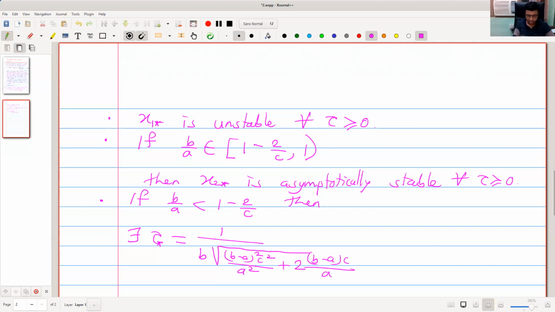Okay, so this is in the denominator, this is under root.